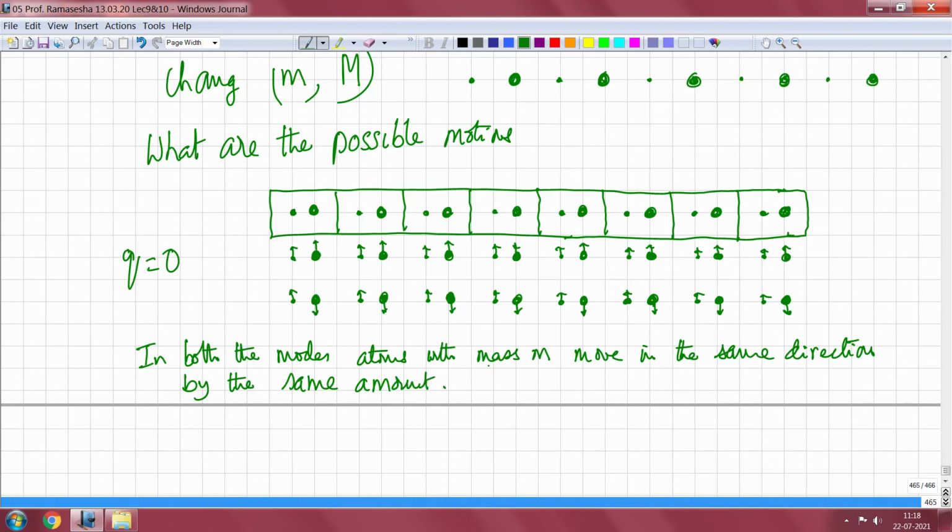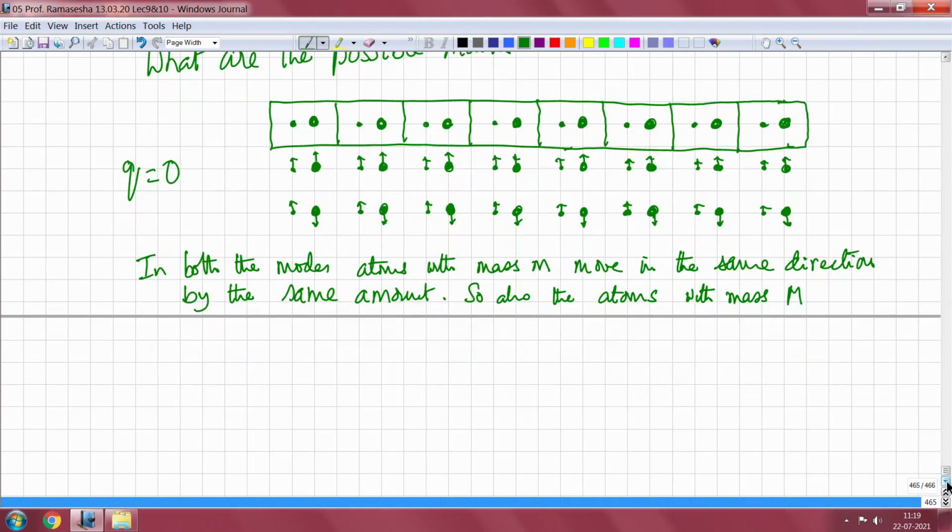So also the atoms with mass capital M. You are seeing here that this is moving up by the same amount everywhere. Here the small mass is moving up by the same amount in all the unit cells, and the big mass is moving down by the same amount in all the unit cells. So that is what is happening.